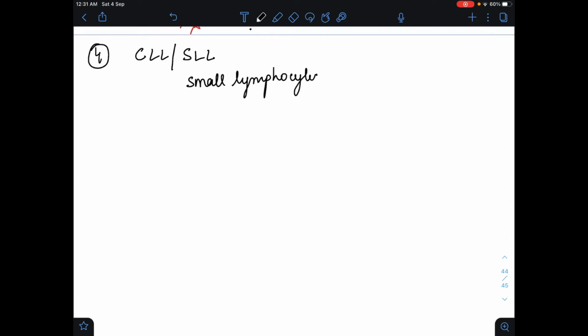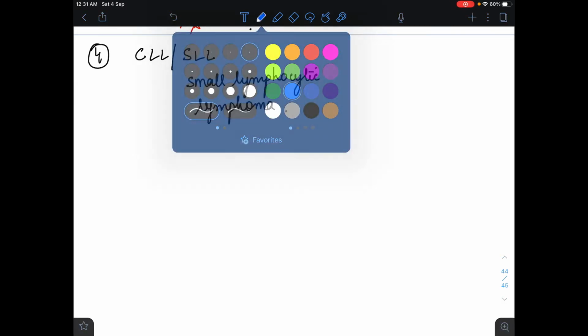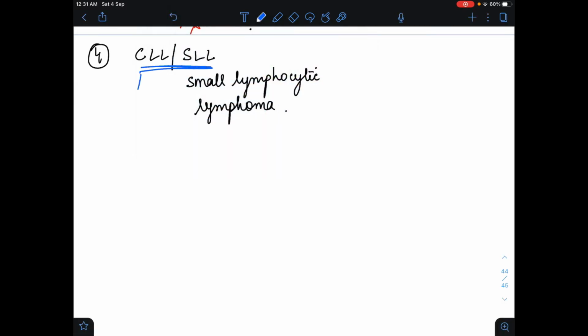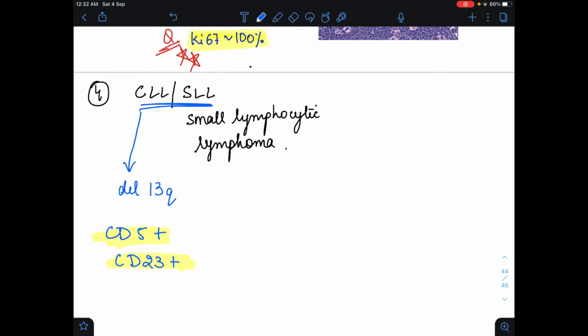In CLL or SLL, the deletion is 13q, and the markers CD5 and CD23 are both positive. Both are positive in CLL and SLL, and here we see the deletion of 13q.